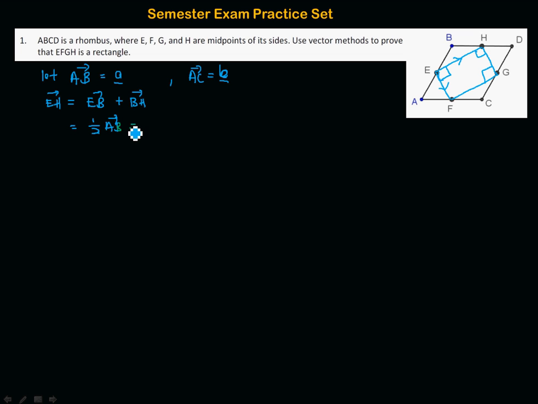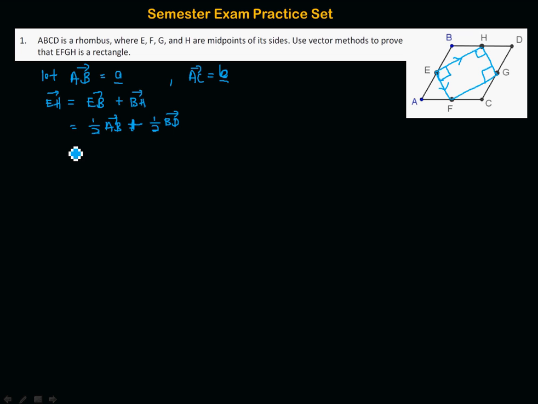and we know that BD and AC are parallel, so BH is in fact half of BD.